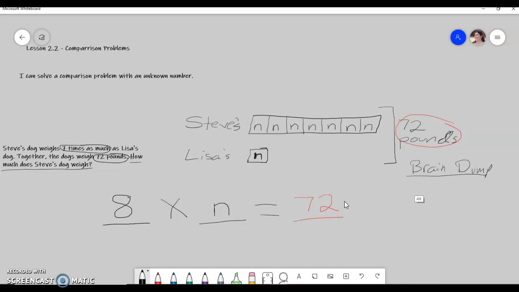So let's think. 8 times 1 is 8. Good. What's about 8 times 2? Remember, we want to try and match. In our brain dump, we want to try and get to 72. So 8 times 2, 16. Good.